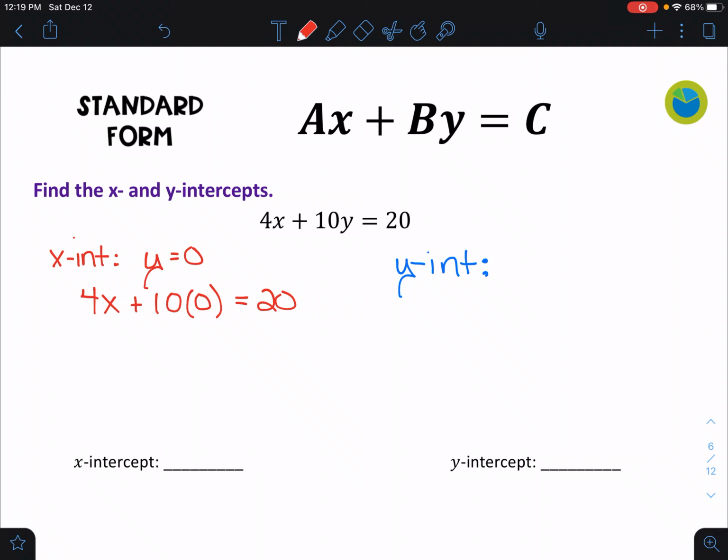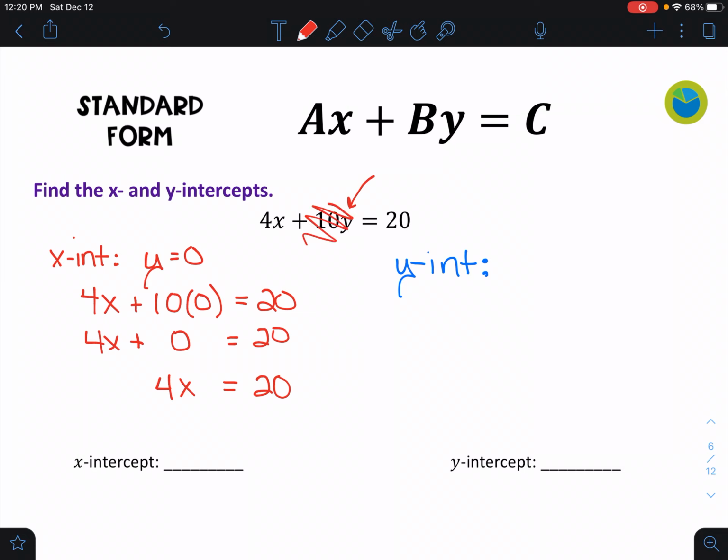Now when I plug this in, you know that 10 times 0 is 0. So if I copy the rest of this, I would have 4x plus 0, which is just 4x, equals 20.